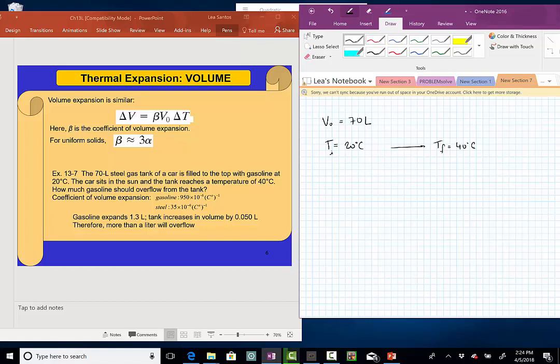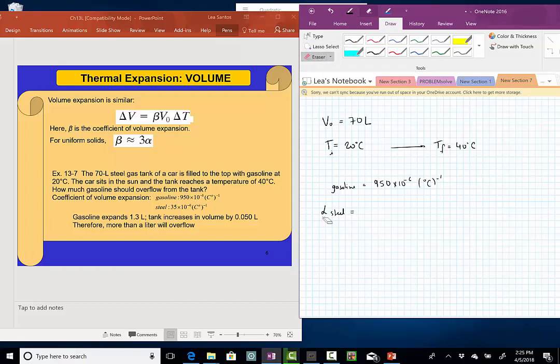How do I know that? Look at the coefficient of volume expansion, which is given to us. The coefficient for gasoline is 950 times 10 to the minus 6. Much larger than what we have for steel. For steel, oops, sorry, I used the wrong letter.